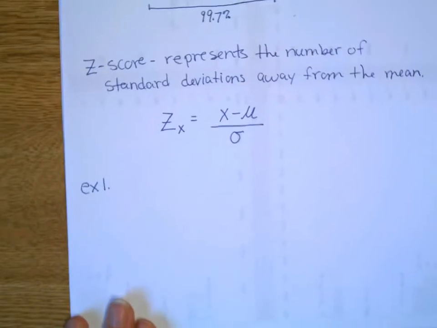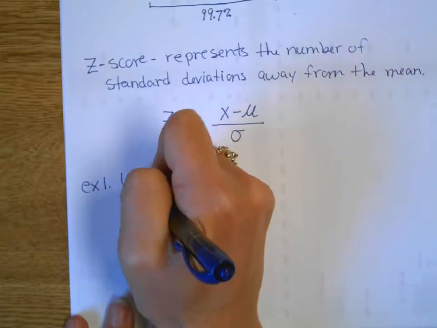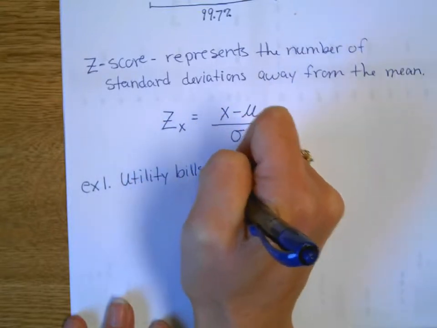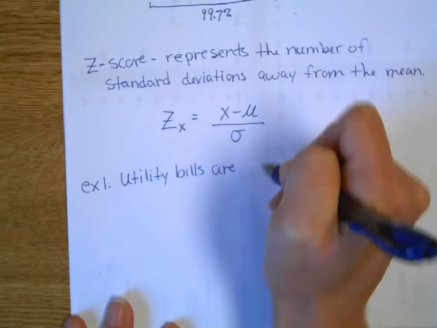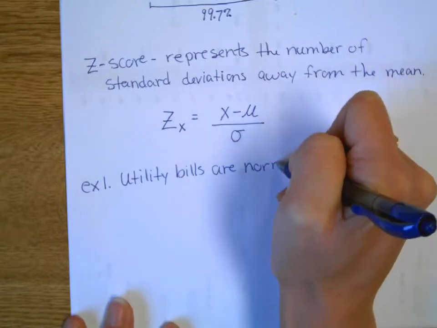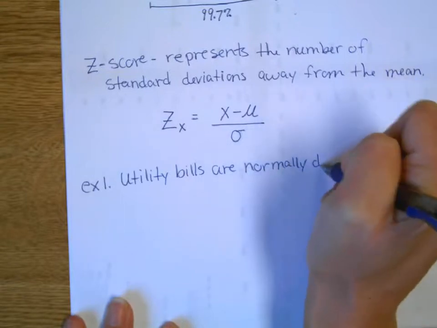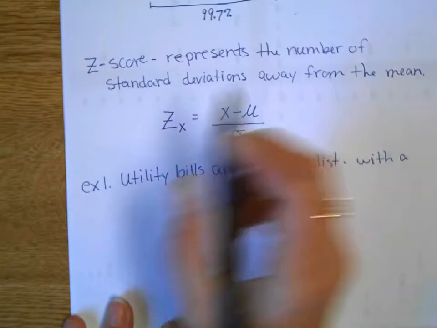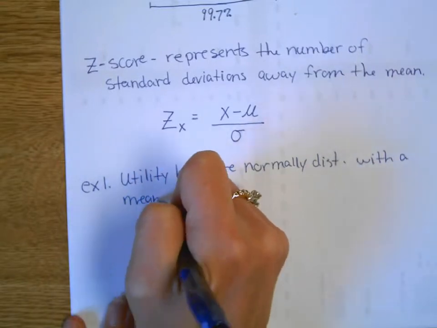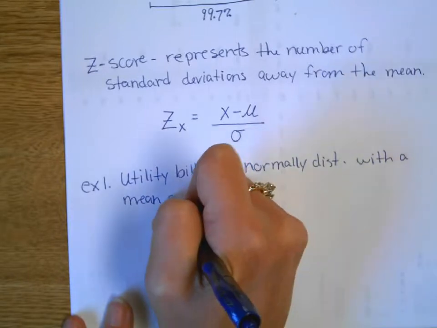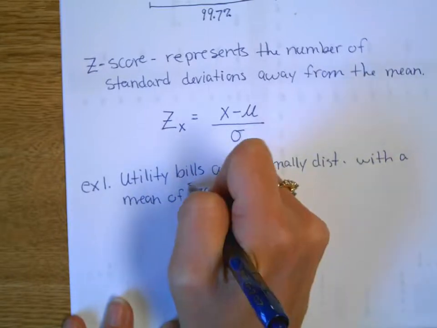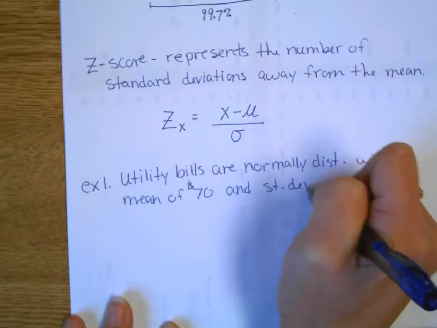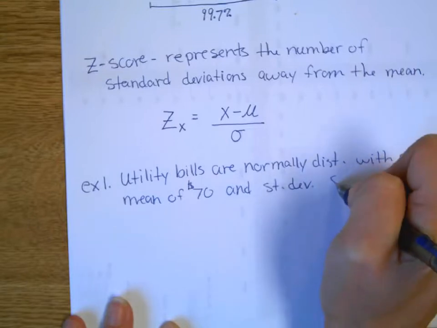Here it is. So, we've got some utility bills. This is real. Are normally distributed with a mean bill of $70 and standard deviation $8.